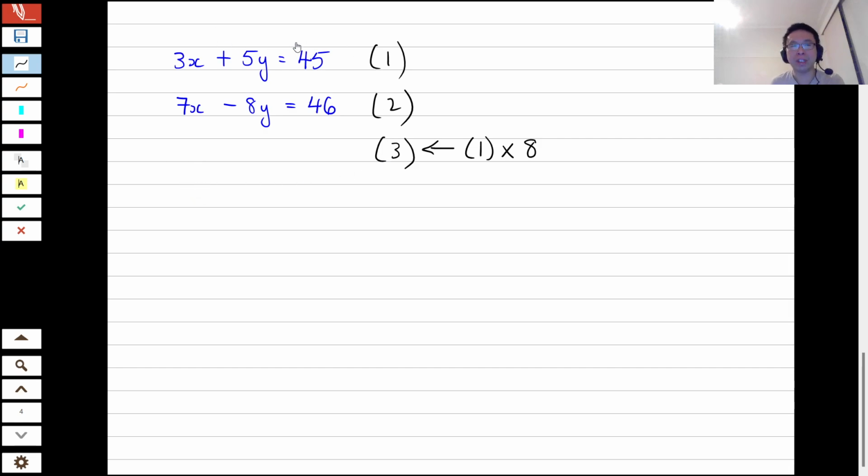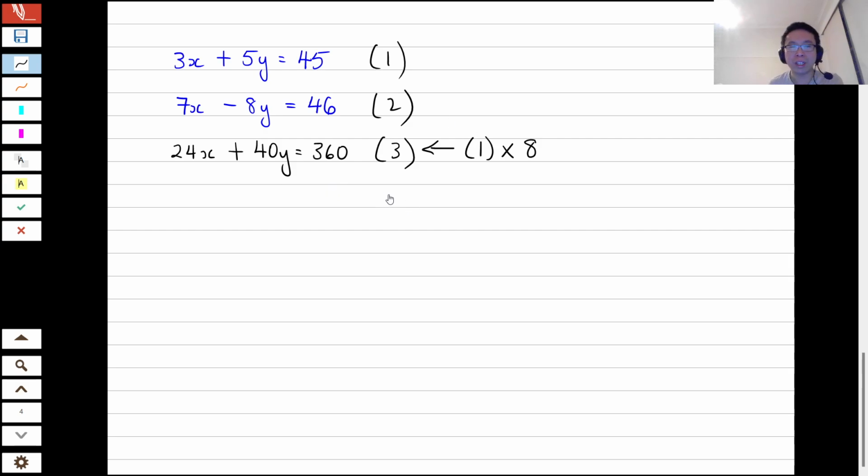So I'm going to take everything in equation 1 and I'm going to multiply it by 8. You'll see where this is going in a moment. And it's just dawned on me that this is going to be a massive number, but that's okay. 360.